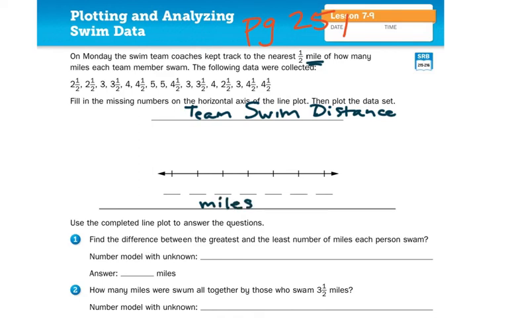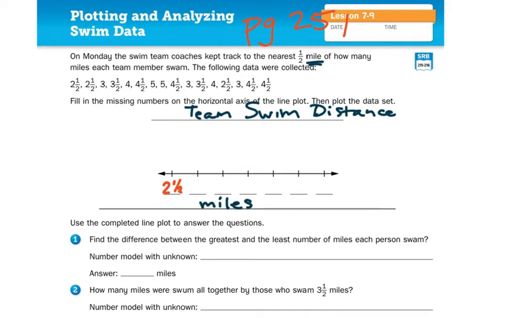And the first thing we need to do is to be able to find the smallest fraction. So look through those. I see 2.5 being the smallest. 2.5. So what we want to do is start our number line with 2.5.